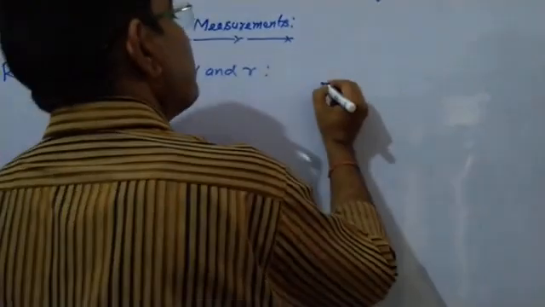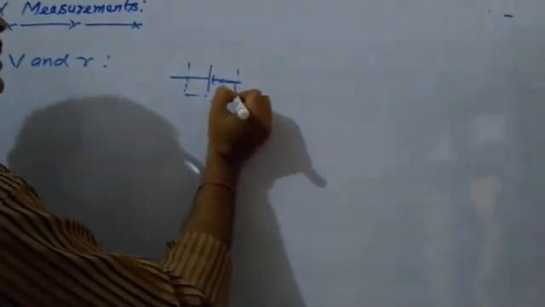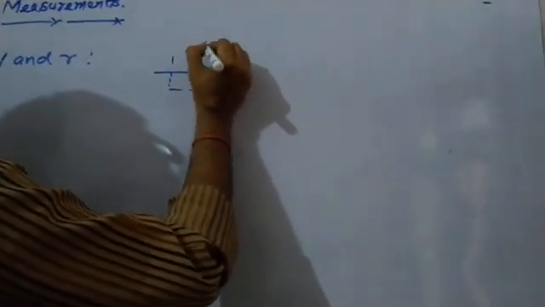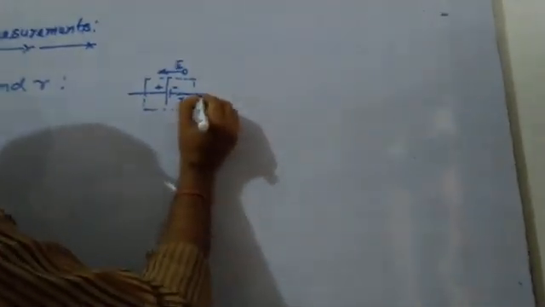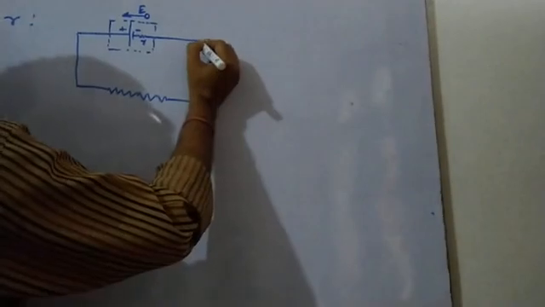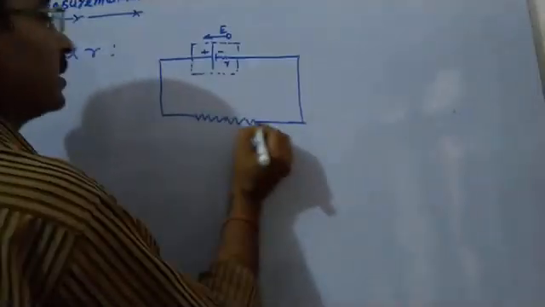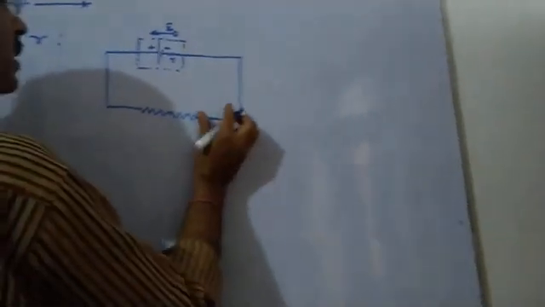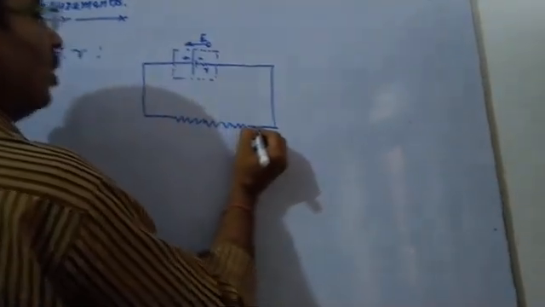I have taken a cell, its internal resistance is denoted by small r, EMF is denoted here by capital E, this is negative, this is positive, and this is an external resistance R. Potential difference along the external resistance is equal to the terminal voltage of the cell.